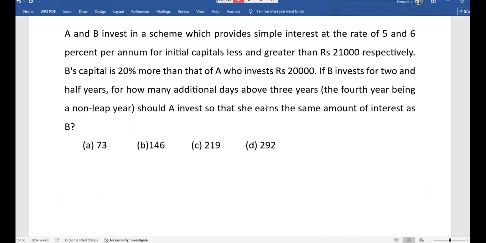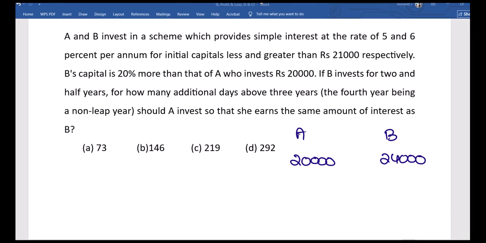And the amount, here we have clarity. A's investment is 20,000, less than 21,000. In fact, that first line is waste, or second line, sorry. A less than 21,000, that is not required. A is 20,000, B is 20% more than A, meaning 24,000. 10% is 2,000, 20% is 4,000, so 24,000 is what you got.